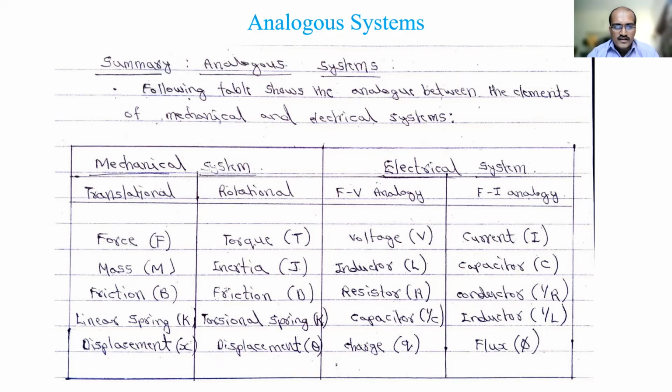That is called friction here. Any mechanical system, when you are pushing it, like the chair example I gave you yesterday, if the chair has wheels, you see the difference. That is the friction part. In the FV analogy it is replaced by a resistor. In the FI analogy, conductance, nothing but 1 by R, replaces it.